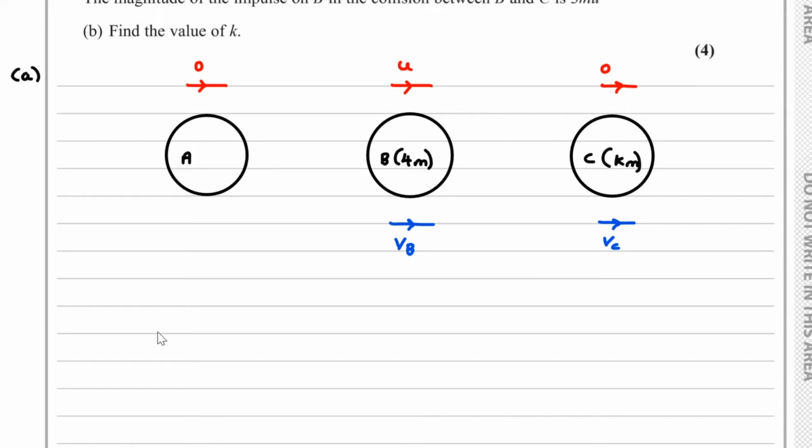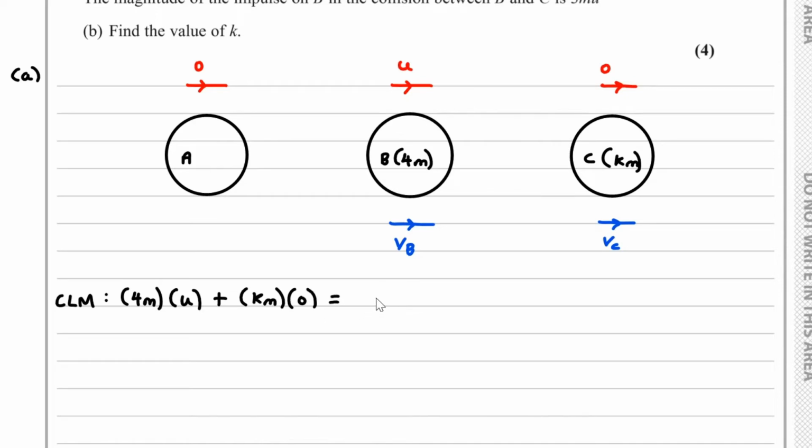So if we use the conservation of linear momentum, now here we're only considering B and C. A isn't really involved in the collisions between B and C. So we've got 4m, the mass of B, times u, the speed of B before, plus km, that's the mass of C, multiplied by 0.